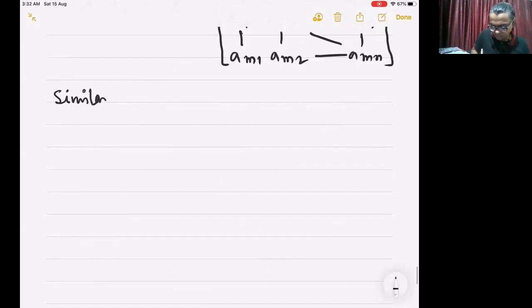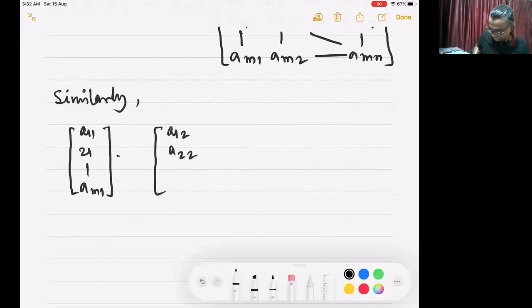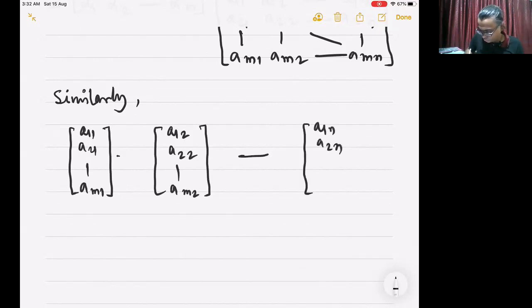Similarly, as will be important for us later on, if I have column vectors a11, a21, up to am1, and then a12, a22, up to am2, then dot dot dot, a1n, a2n, dot dot dot, amn.